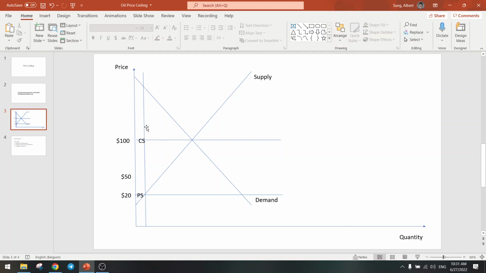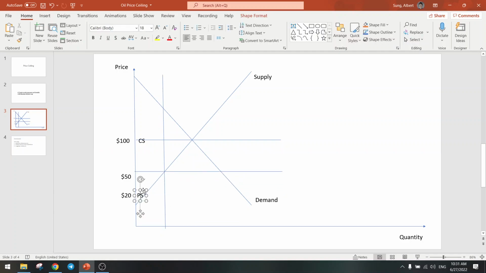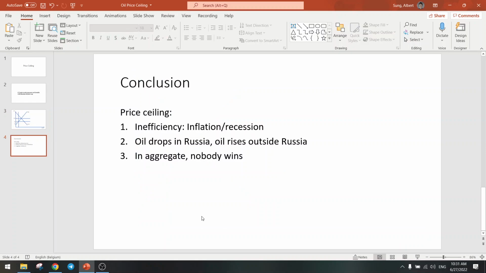Okay, so that was our small analysis. So what is the conclusion now? When you do these price ceilings, you will increase inefficiency in the economy.